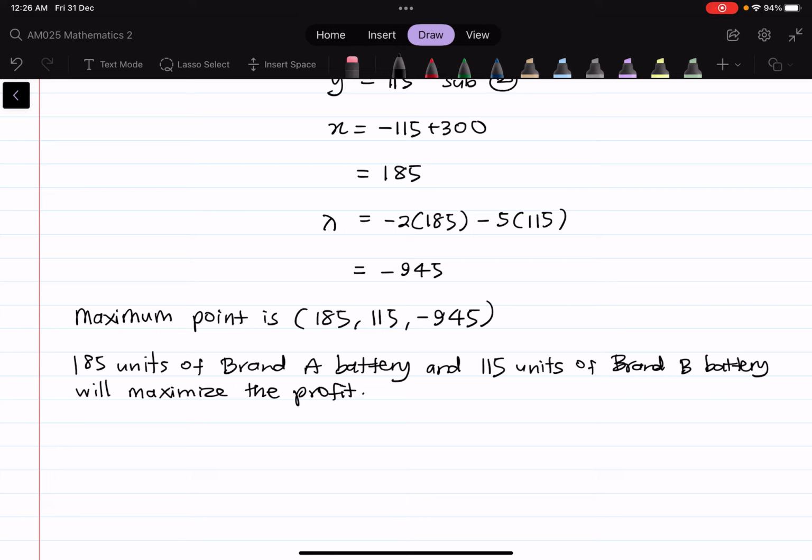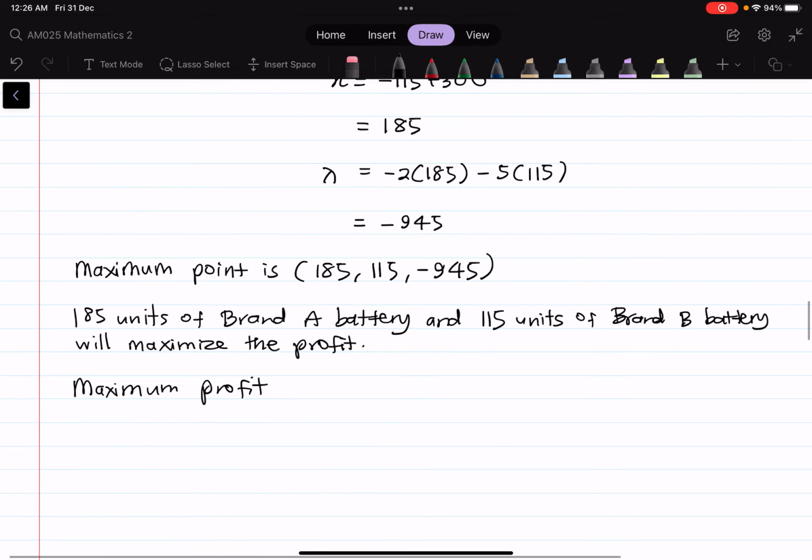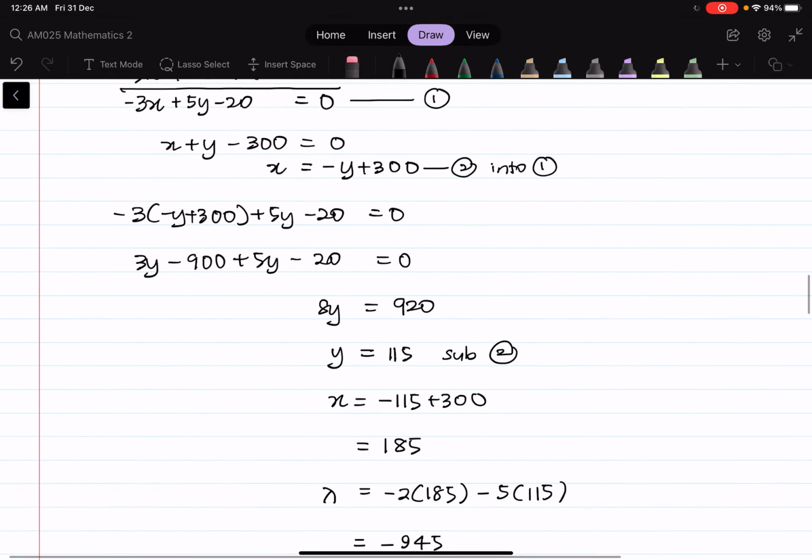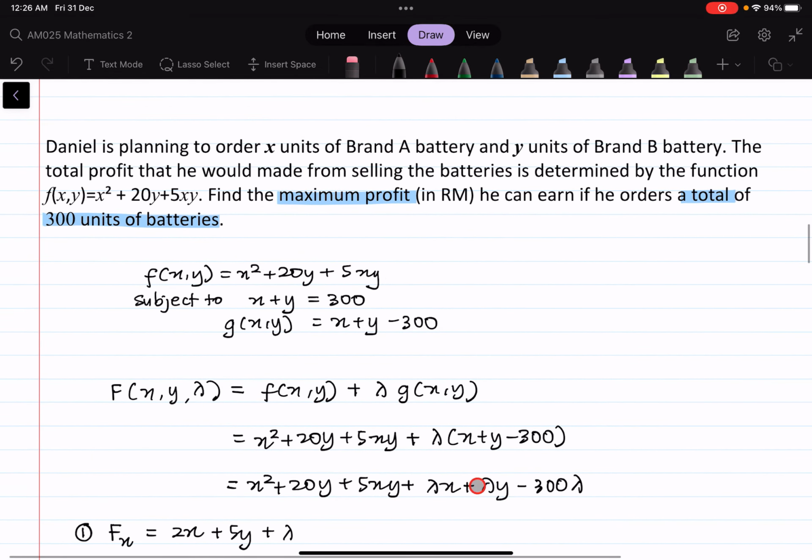So what is our maximum profit? We're going to substitute our point into the function f(x,y). You may use f(x,y,lambda) to substitute, but it will be easier if you substitute with just x and y.